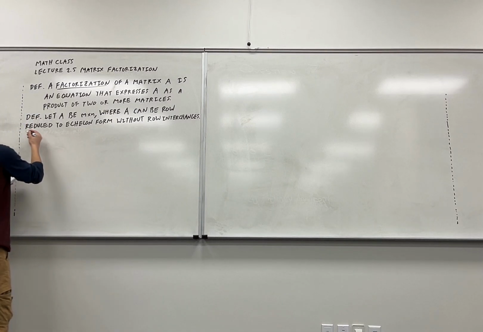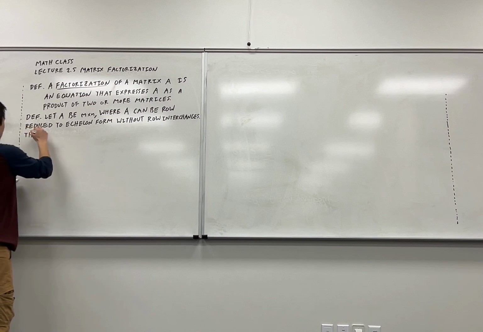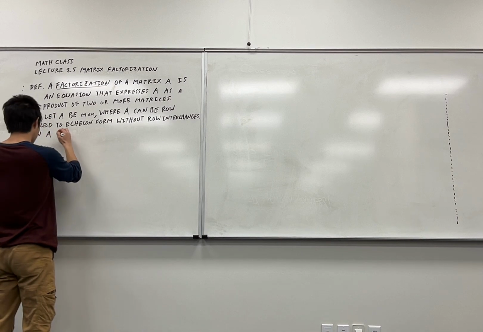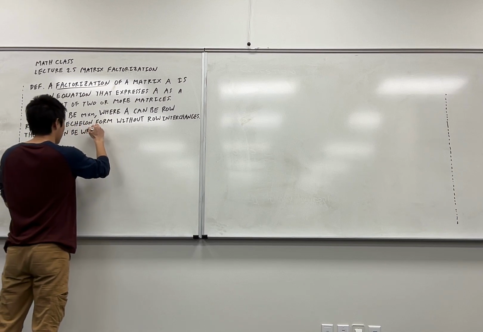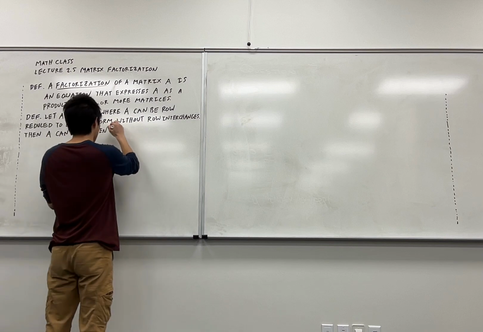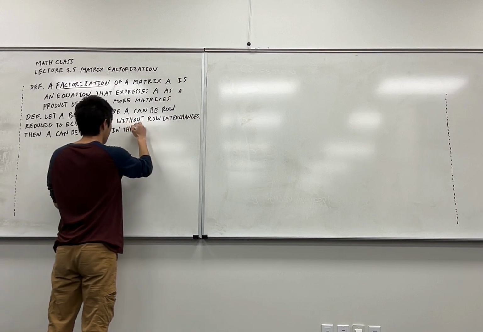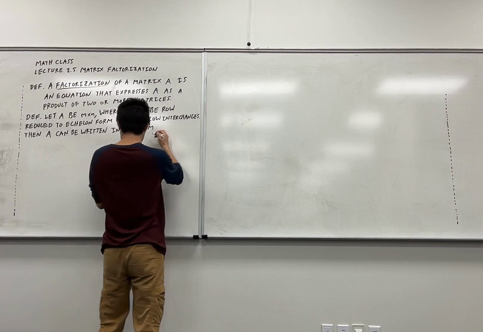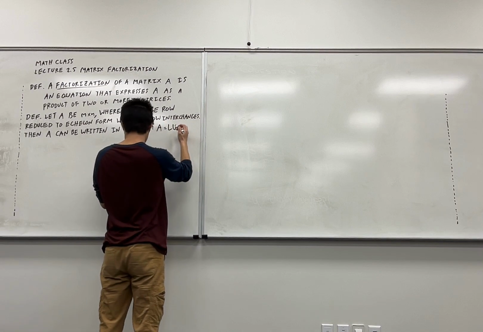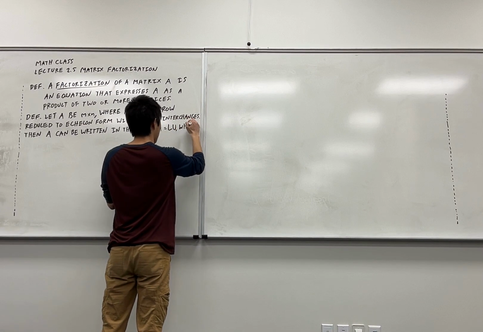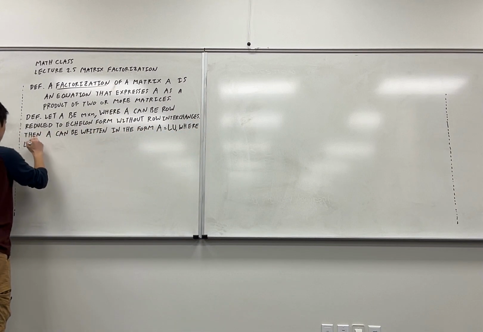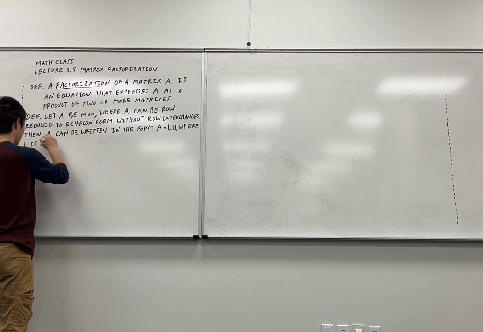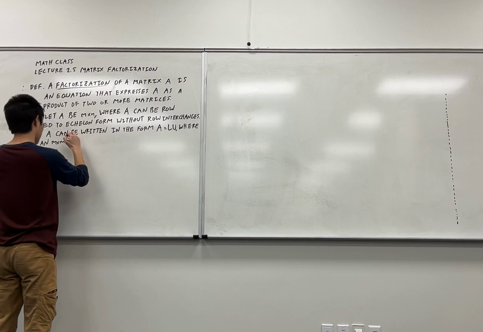Okay, so then my matrix A can be written in the form A equals L times U, where L is an m by m lower triangular matrix with ones on the diagonal.